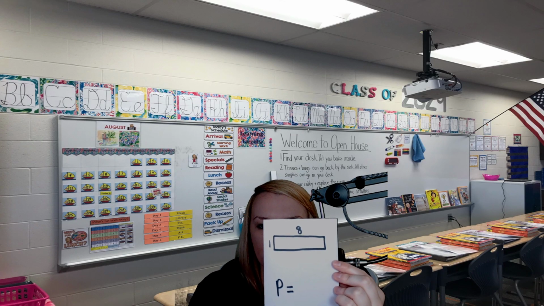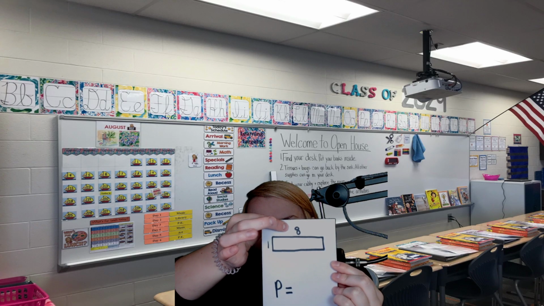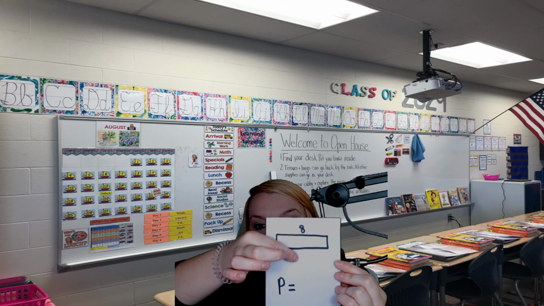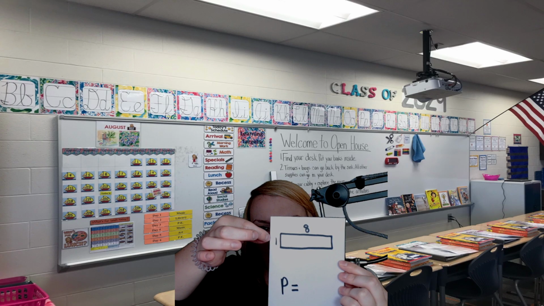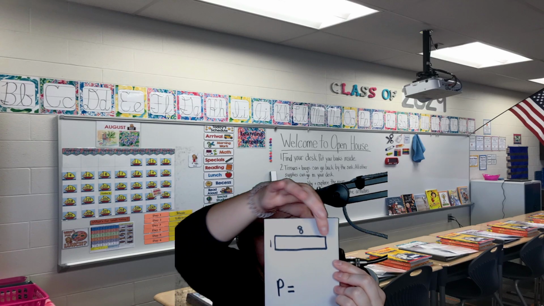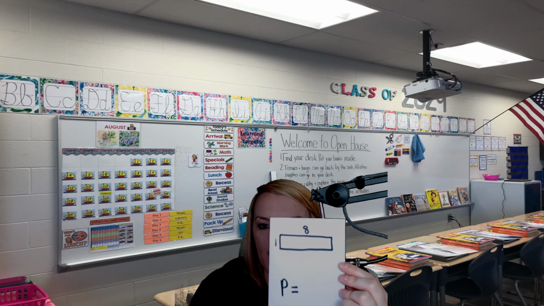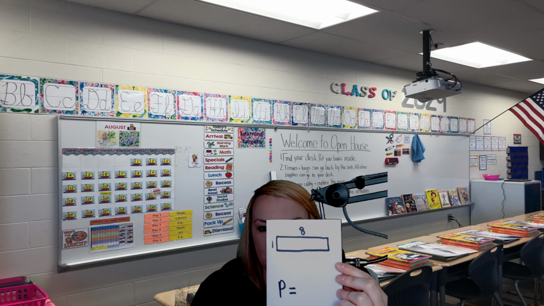Go ahead and draw for me this long, skinny rectangle. You're going to label the top 8. You're going to label the bottom 8. You're going to label the side 1 and this side 1. And then you're going to find the perimeter by adding all the sides.